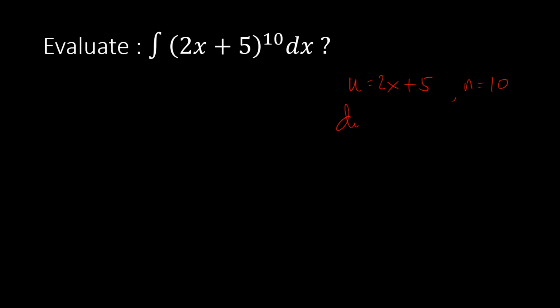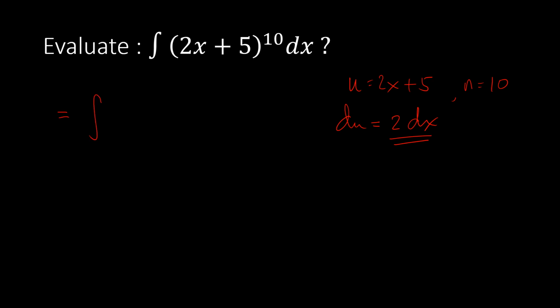So we have to check the differential. Take the differential of u equal to 2x plus 5. The differential of u is du, and the differential of 2x plus 5 is 2 dx. So we need 2 dx to complete our du.